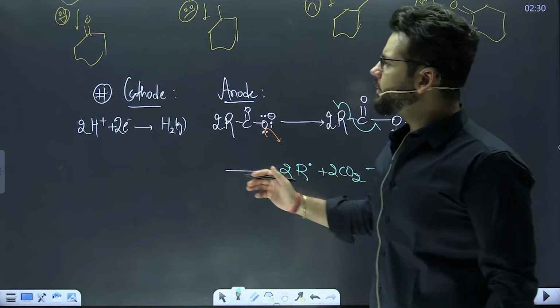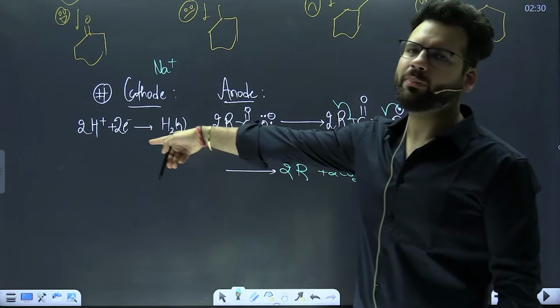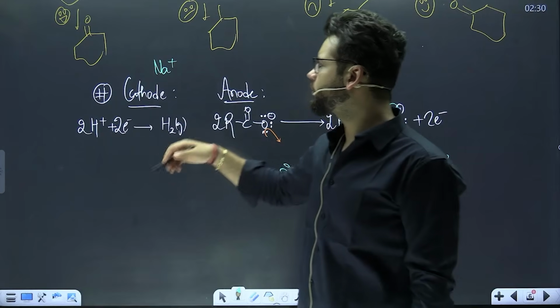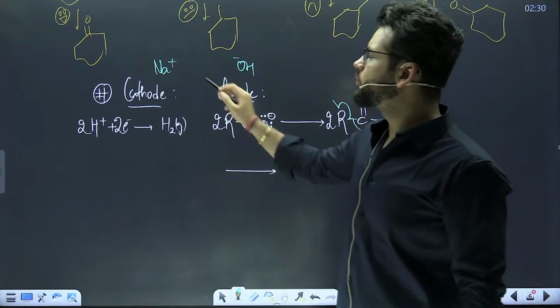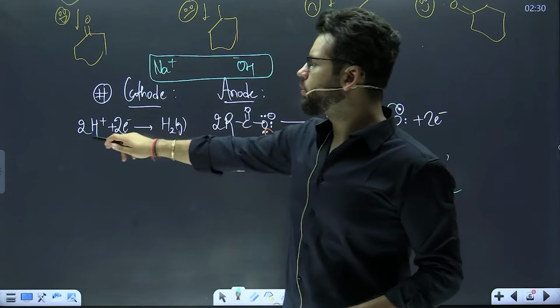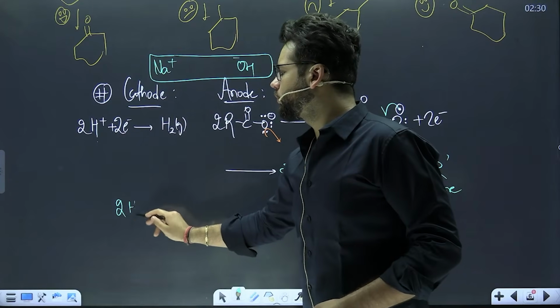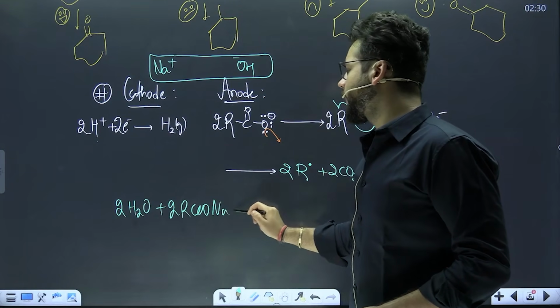So finally, what is remaining in the solution is Na plus, which lost the game with the H plus, and OH minus, which lost the game with the RCOO minus. So they are still there in the solution. The overall reaction becomes 2H2O electrolyzed with 2RCOONa.